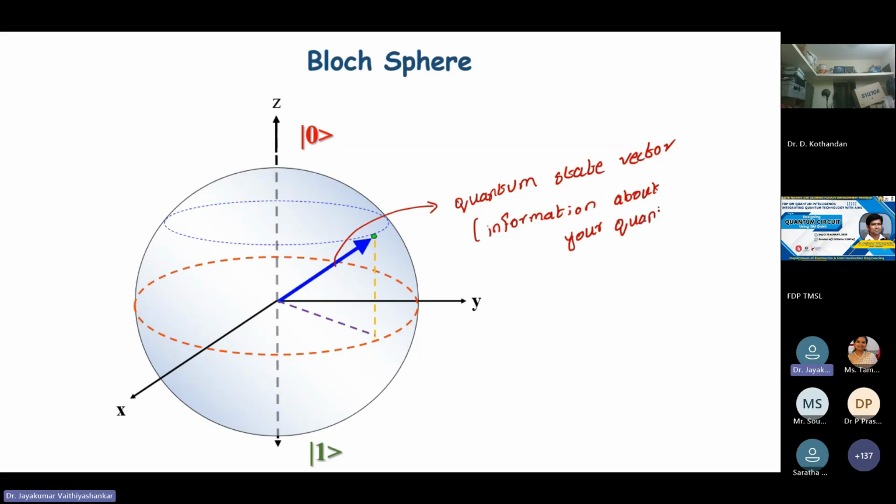This is very, very important if you want to do any quantum computation. Without knowing the quantum state vector, you don't know the information about your quantum particle.